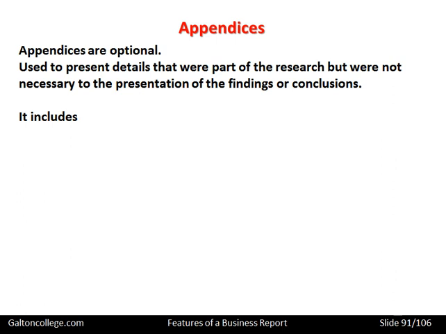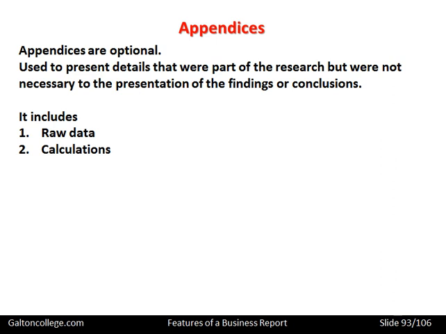So typically it could include raw data, for example. It would be good to put that into the appendices, because putting the raw data into the main report would just clutter up the main report. Include any calculations. Again, calculations are not necessary perhaps in the main report. The report is more worried about the findings and the conclusions and the recommendations.